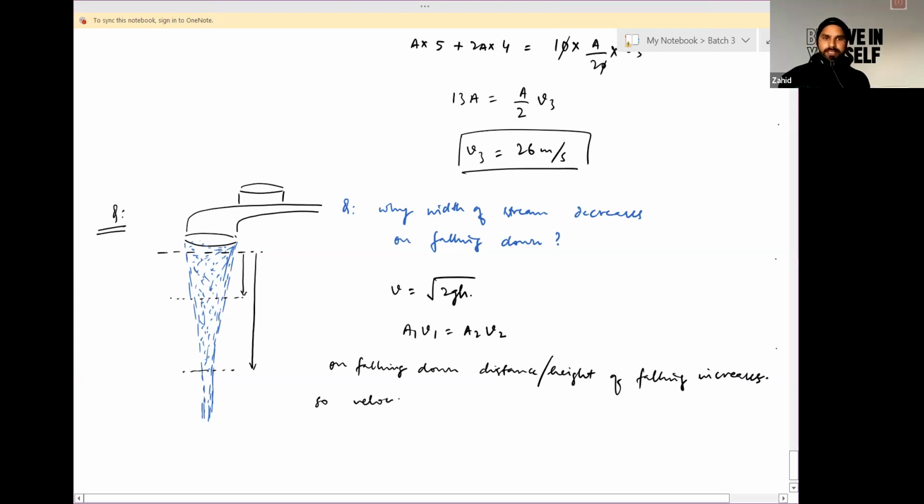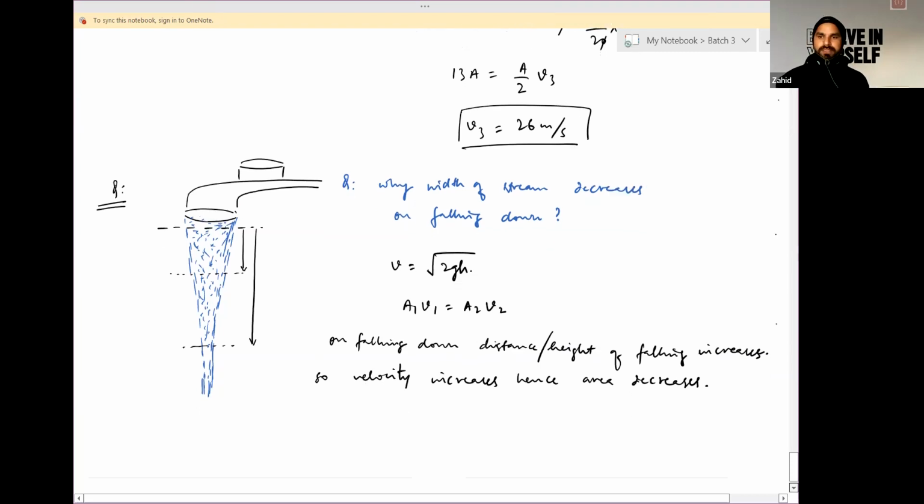So velocity increases, hence area decreases due to the concept of the equation of continuity. Just write it down.